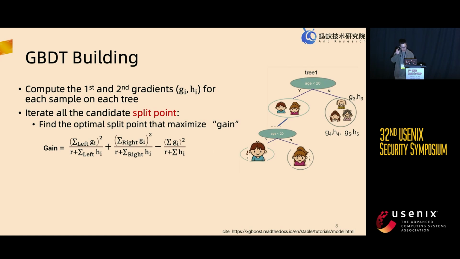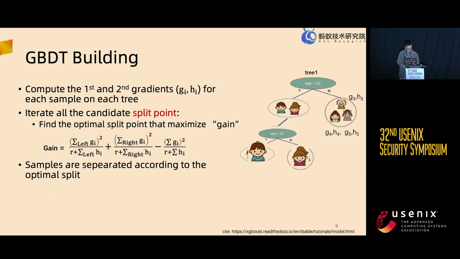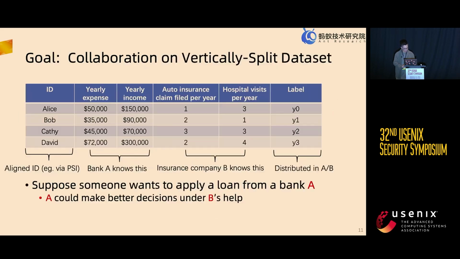To split a tree node, we have to go through all the possible splits on all the attributes to find the best split point that maximizes this gain formula. And all the samples will be separated according to the split. And all this computation should be done in a private way.